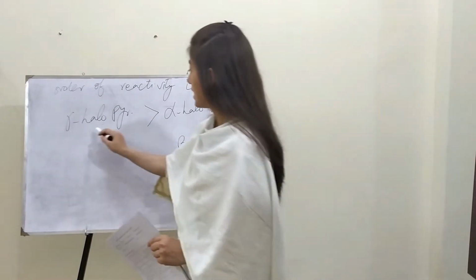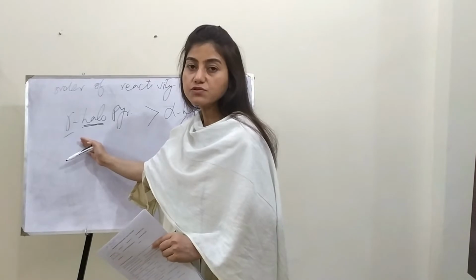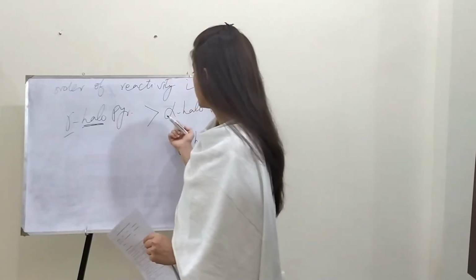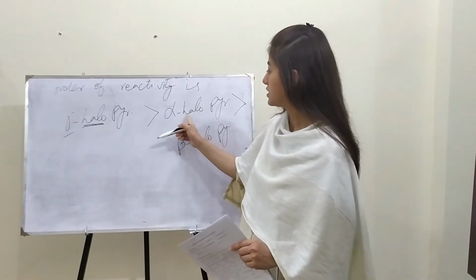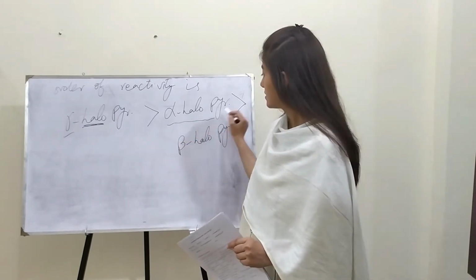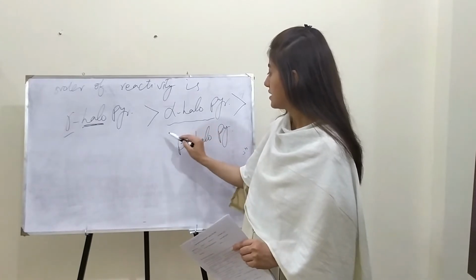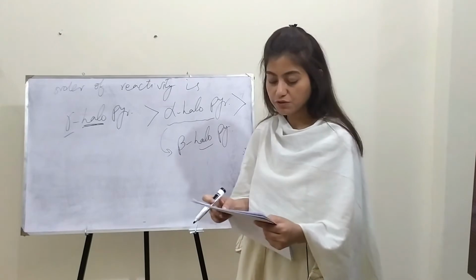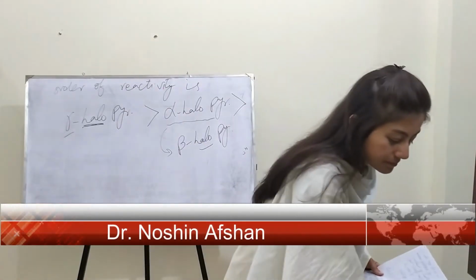That means if the halogen group is placed at gamma position, it is far more easily substituted as compared to the situation where the halogen group is attached at alpha position. And this alpha halopyridine would be more easily substituted as compared to the case where halogen is attached at beta position of pyridine. So let's see the example over here.